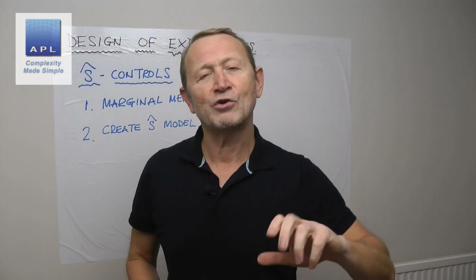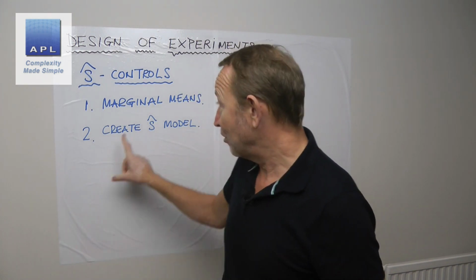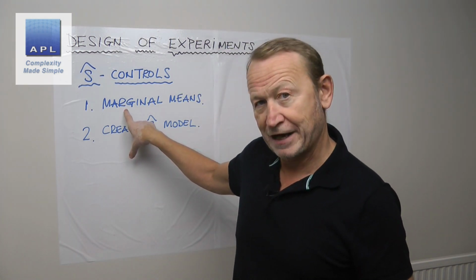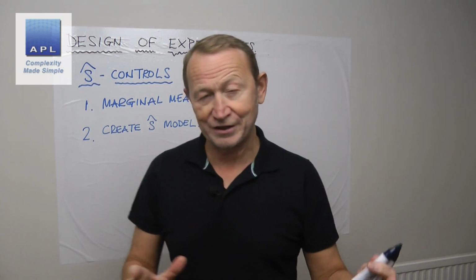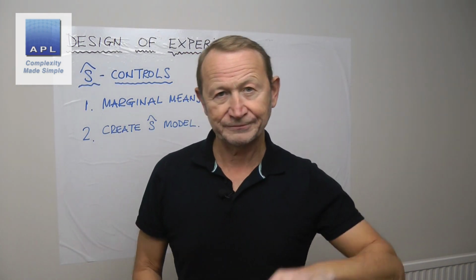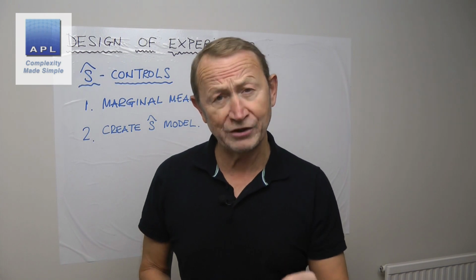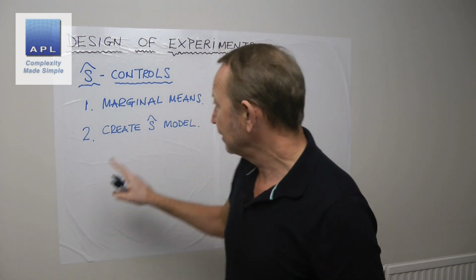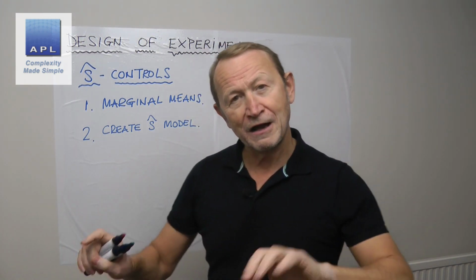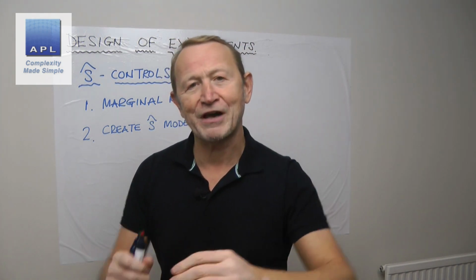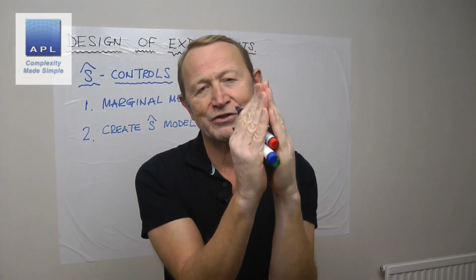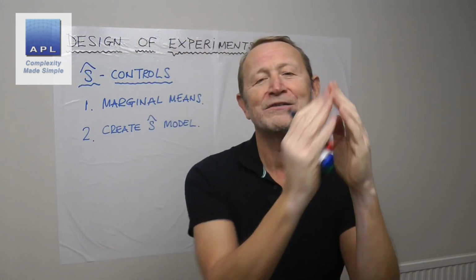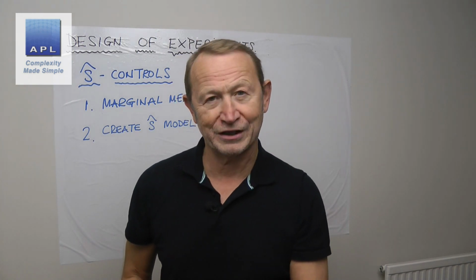In reality, what you end up doing with that S model is picking a main effect and setting it to control S, because to control S, you have to fix things. And practically, if you used a model and the model said fix everything, well, clearly if you fix everything just to minimize S, I can't then use the same levers to place the process on target.